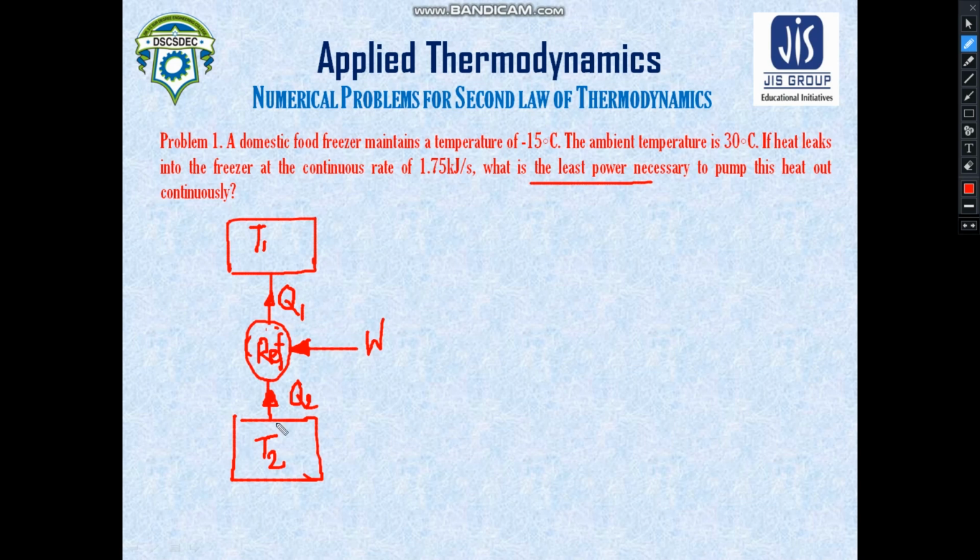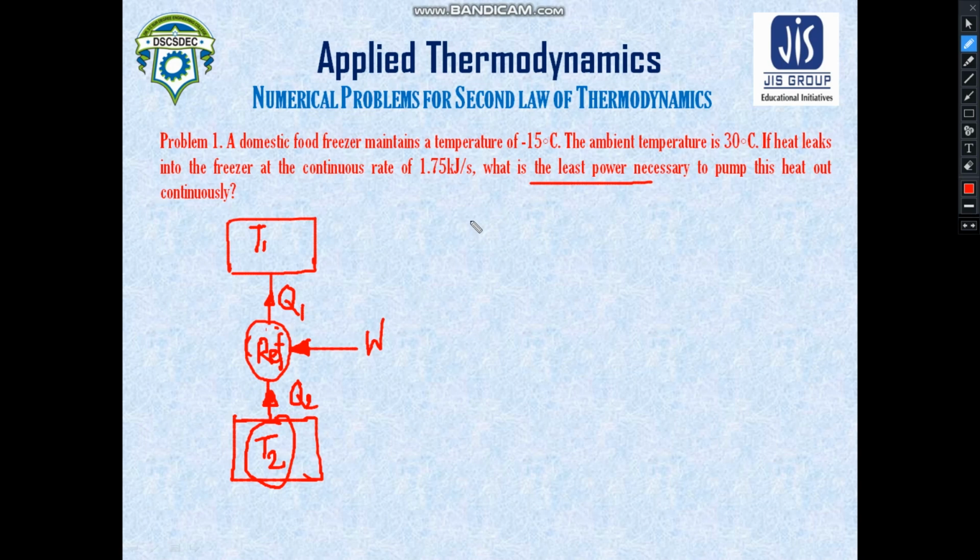Now you can identify this is the space which needs to be refrigerated. This domestic food freezer should maintain a temperature of minus 15 degrees Celsius.